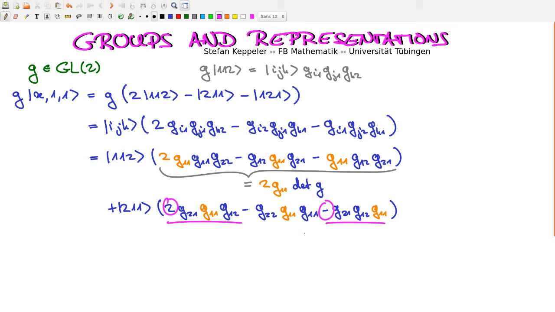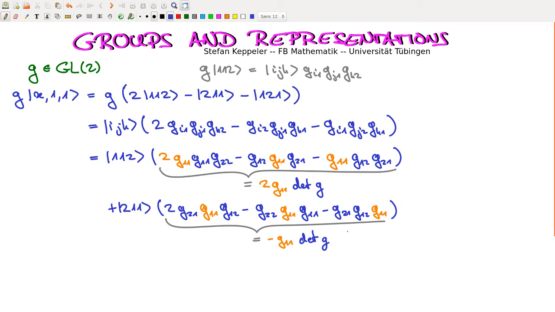And then what remains is again the determinant of G here in blue. So this time there is no factor of 2. But this time we get, let's say, minus G11, because here's the first term from the determinant, times the determinant of G.